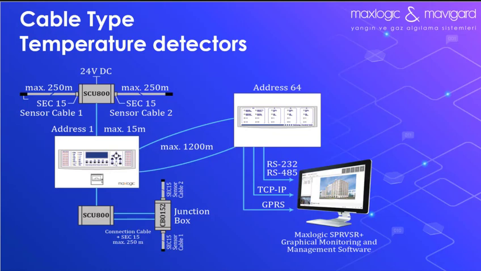A maximum of 250 meters of SEC15 cable is connected to the right and left of the SCU 800 control unit, which is the sensing unit of the product, and each of these 250-meter cables contains 99 sensors that detect temperature. These sensors are sensitive enough to detect a change of 0.1 degree.